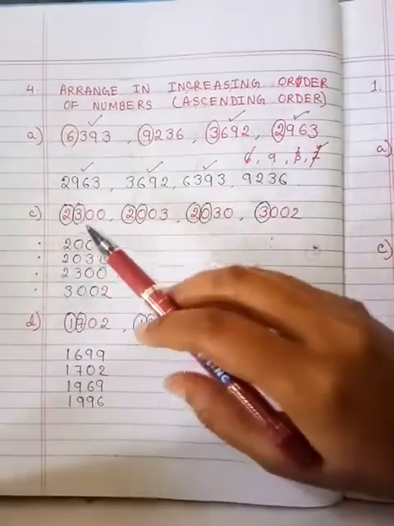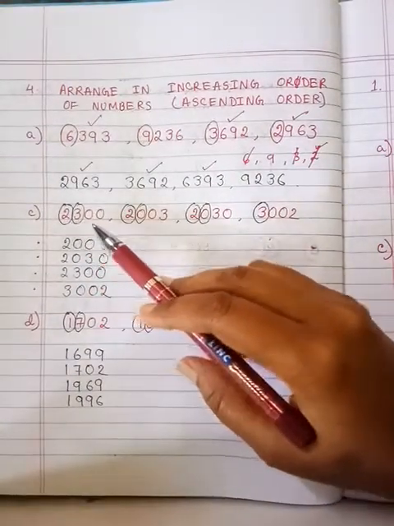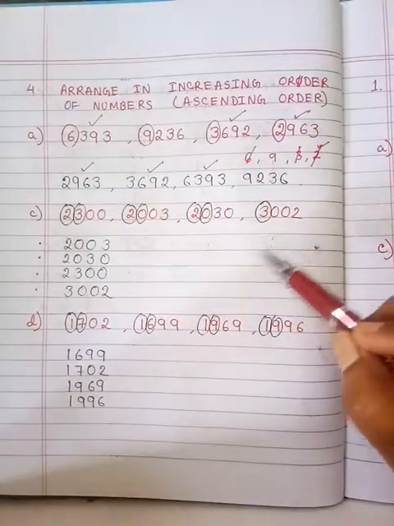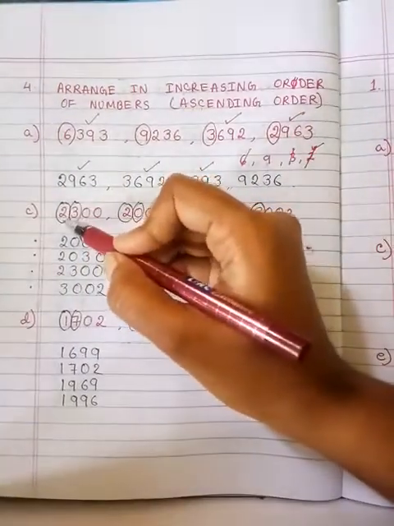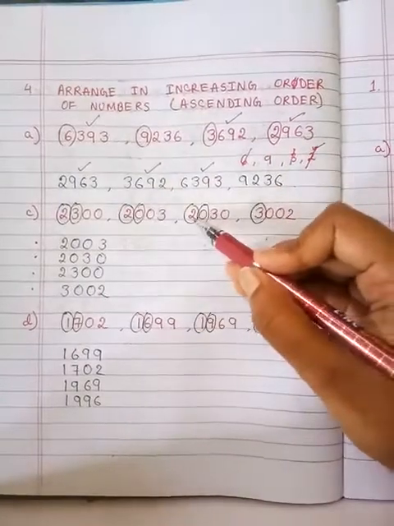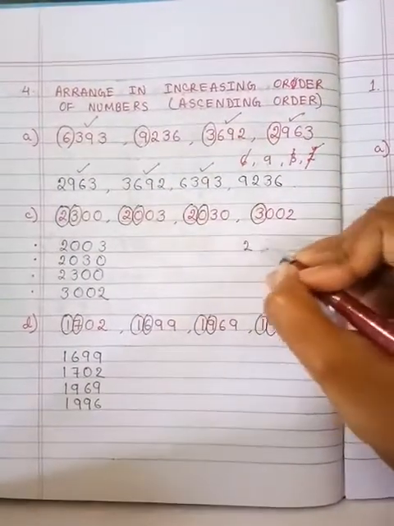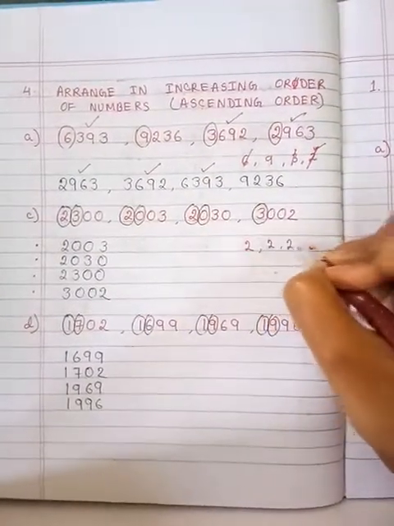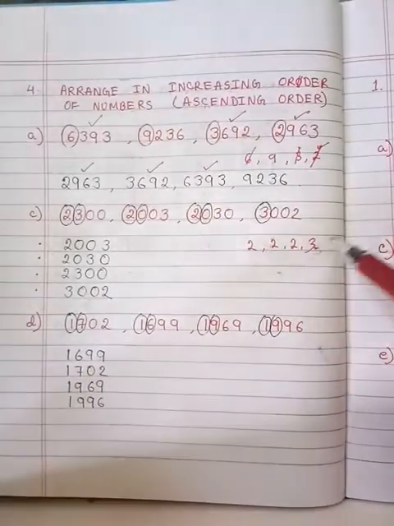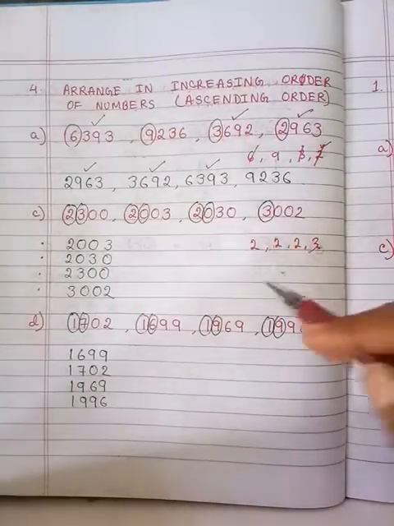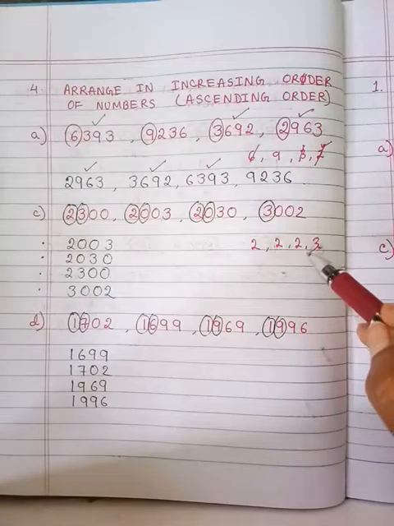Next question. All are 4-digit numbers. First check the first digit. 2, 2, 2 and 3. Among these numbers, which is smallest? 2 is smallest.